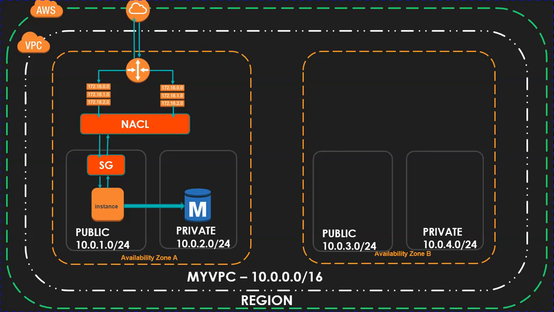It will be ready, and from your availability zone A, you will have a replication of your database to the other availability zone, where you will have a standby database. This standby database will be synchronously replicated from your master database.